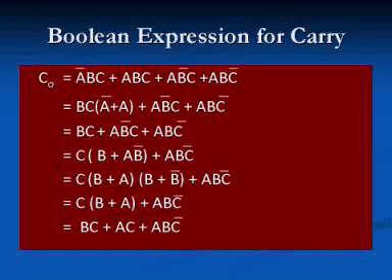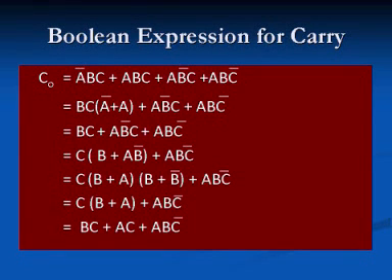Adding the fundamental product terms in the carry column, we get C naught equal to A bar B C plus A B bar C plus A B C bar plus A B C. Rearranging the terms, C naught is equal to A bar B C plus A B C plus A B bar C plus A B C bar.